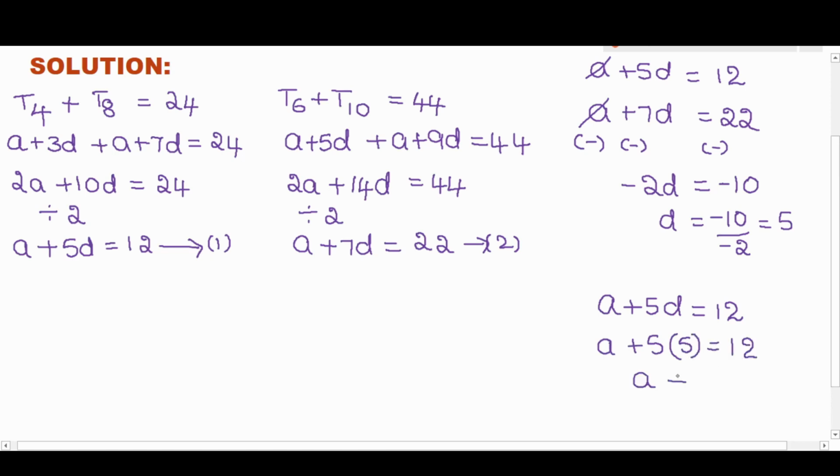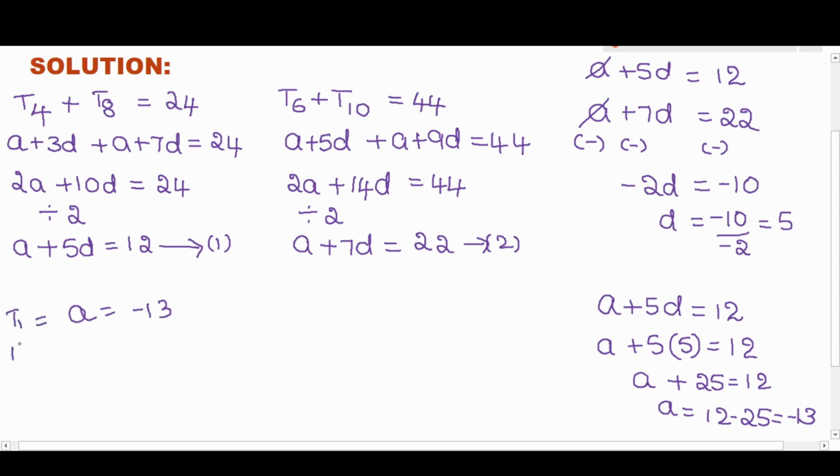So a plus 25, which is equal to 12. So a becomes 12 minus 25, you get minus 13 as a value. So a is minus 13, which is equal to T1.